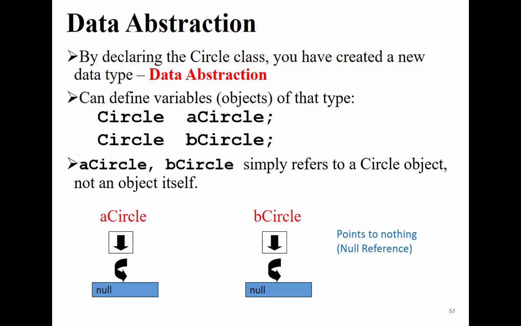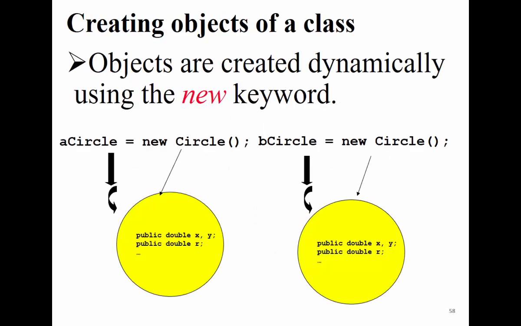So this is the declaration type. The declaration type of aCircle is Circle. Now, if I use the new keyword, I create an object. Inside this object, I have attributes and methods. The dots here mean continue.